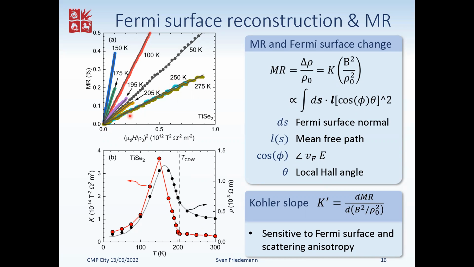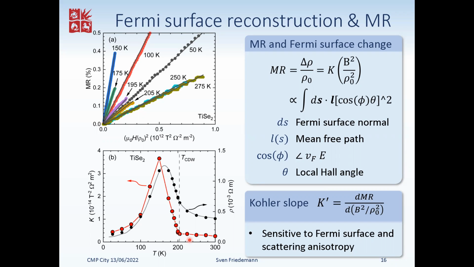But the moment we go through the charge density wave transition, they wander off and then come back. A better way to look at this is to just look at the slope of these curves. And we can see that the slope of these curves, these red points here, is constant above the transition temperature and then shoots up at the charge density wave transition temperature.